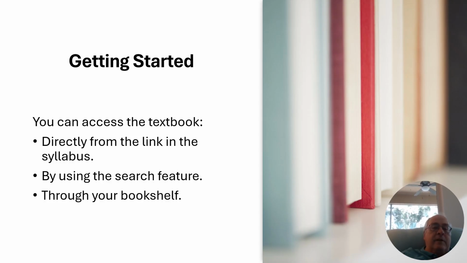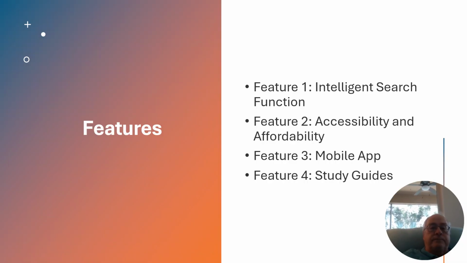And if you've already bookmarked your textbooks, then you can just go to your bookshelf and access them. So it's really easy to use, it's intuitive, and it's not any big deal to get to that point. Once you log in, you'll see that it's pretty easy to follow.